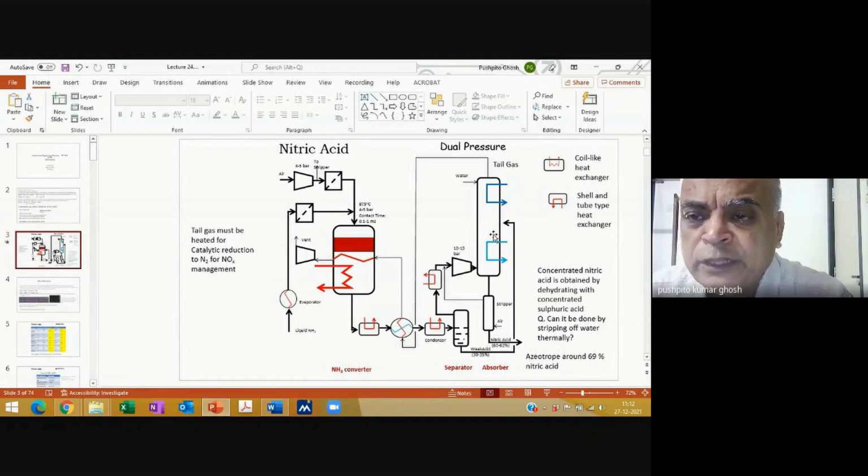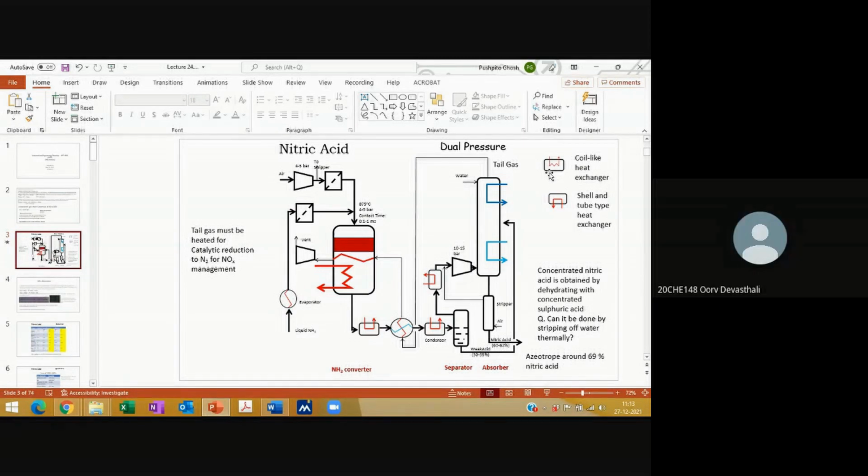Even if you know that spontaneously, of course, it will dissolve in water, but if there is not sufficient contact between your liquid and gas phase, then the gas will escape. So some amount of the NO2, N2O4 will also escape in your tail gas. So there will be some moisture, nitrogen, unreacted oxygen, and the NOx.